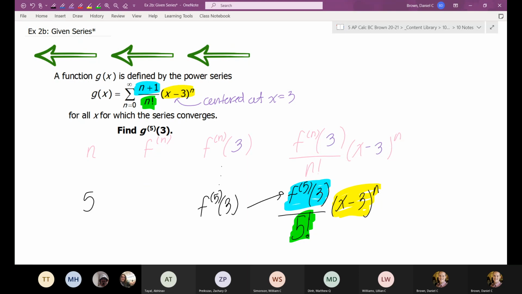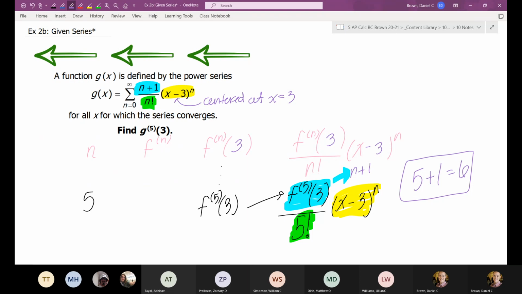So, using that information, what can you conclude that the 5th derivative at 3 has to be equal to? It's the same thing as n plus 1. So what are we going to say that's going to be equal to? 6, right? 5 plus 1, which is equal to 6.